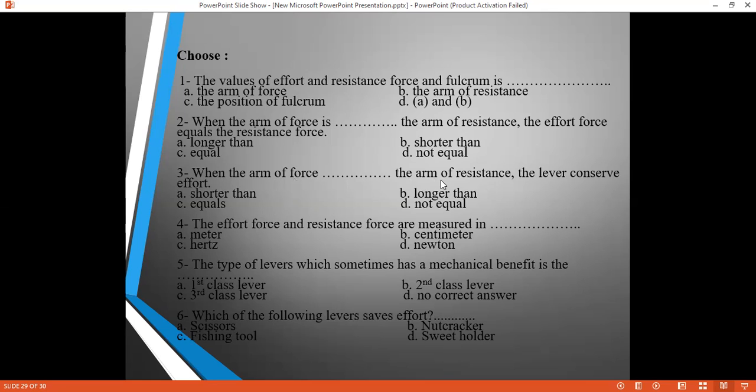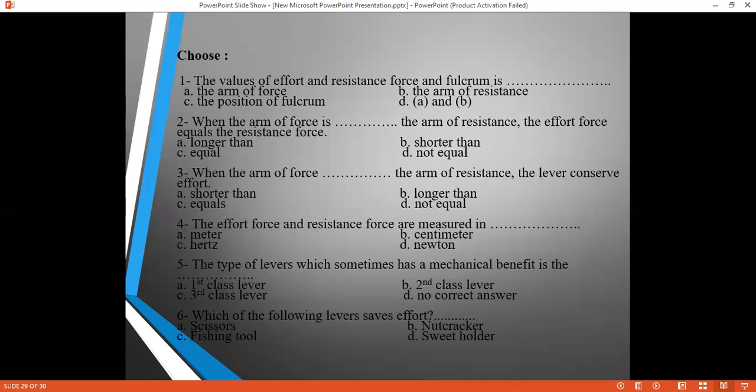Got it? Yes, sure. Okay, number 4, the effort force and resistance force. How can I measure forces? With Newtons, that's right, it's D. Number 5, the type of lever which sometimes has a mechanical benefit is... What do you think? The type of lever that sometimes has mechanical benefit, which is not always saving effort.